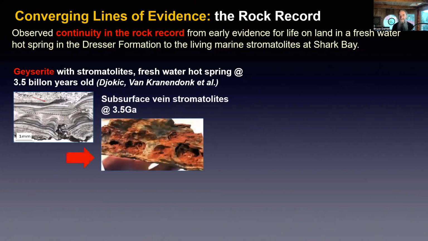And then I was out in a second field season and I basically broke rocks for the first time and found these stromatolites in barite at about 3.5 billion years of age.